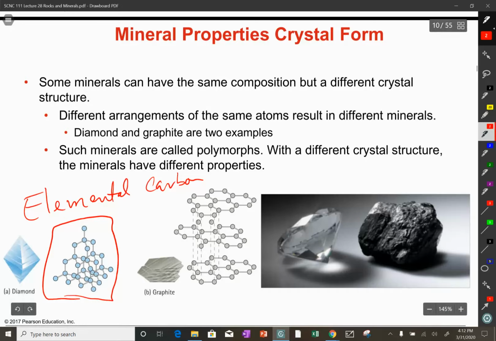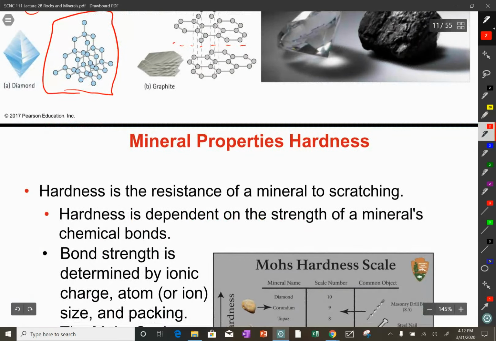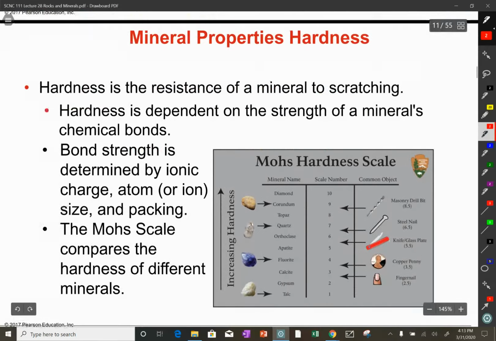Graphite is a unique situation where you have planes of hexagonal rings and one plane above the other. The bonds between those planes are very, very weak. So graphite's very easy to peel off or flake off layers. And of course, you would never get confused looking at the two. The diamond looks very different. So the conditions under which they were made are very important to the properties.